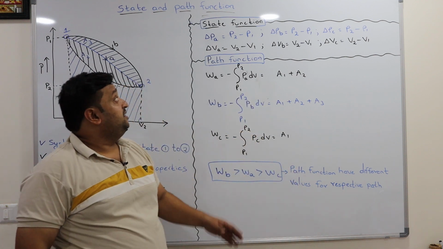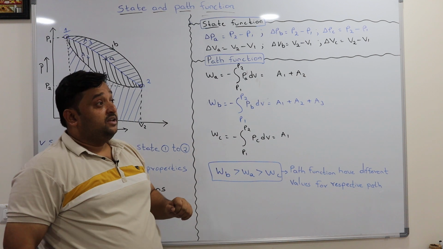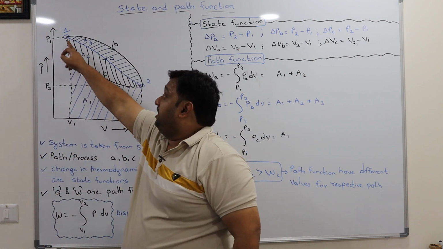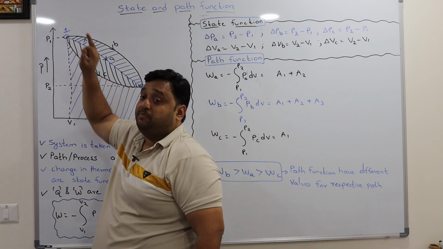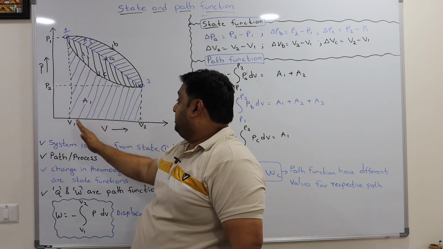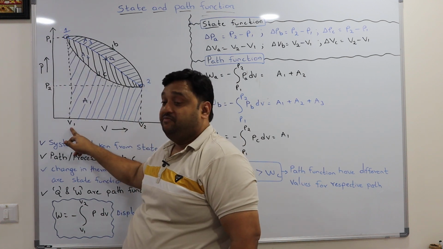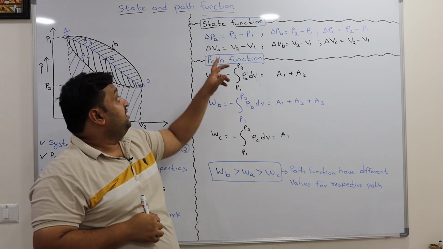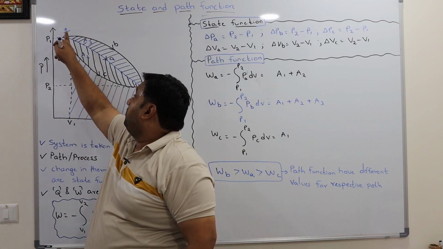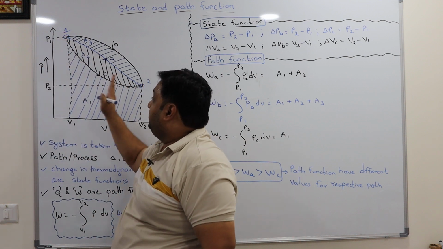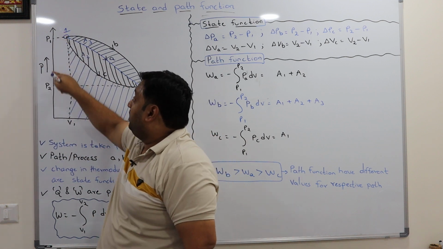If you come to the state function, from state 1 to state 2, what is the difference between the pressures? P2 minus P1. And what is the difference between the volumes? V2 minus V1. If the system follows path A, the pressure difference is P2 minus P1.